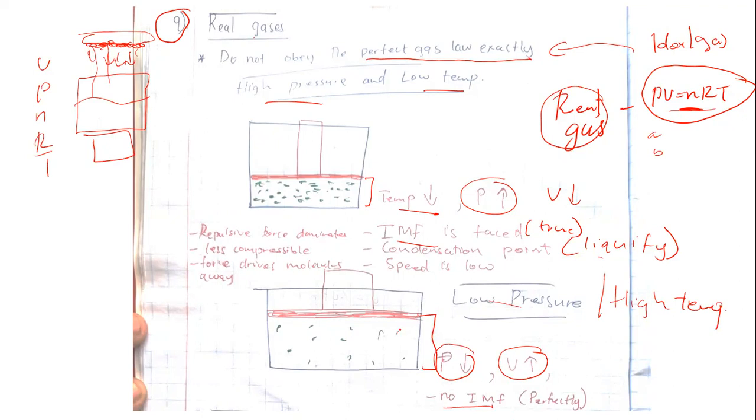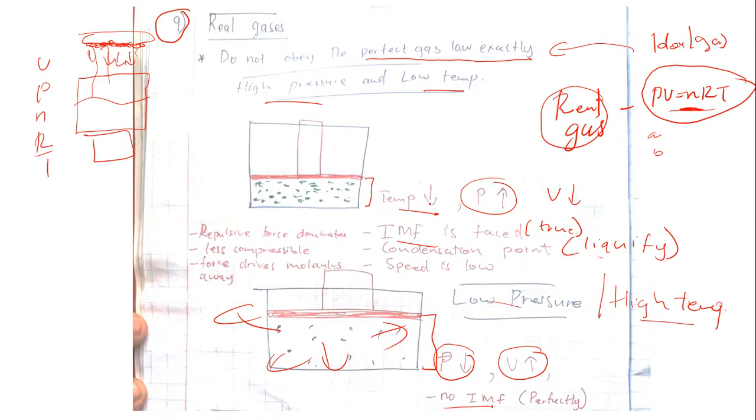For a fact that temperature is high, the molecules are moving far apart from one another. They are crazy. You understand what I'm saying? These gaseous molecules will act as if there is no intermolecular force, no attraction between them, no repulsion between them. There is nothing. So under these conditions, when we have low pressure and high temperature, gas will behave as an ideal gas.